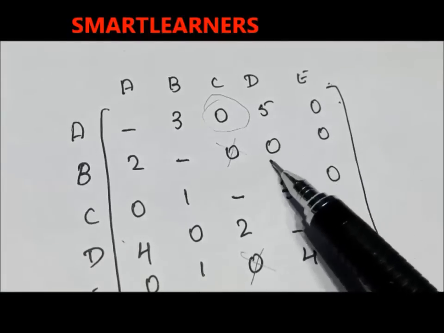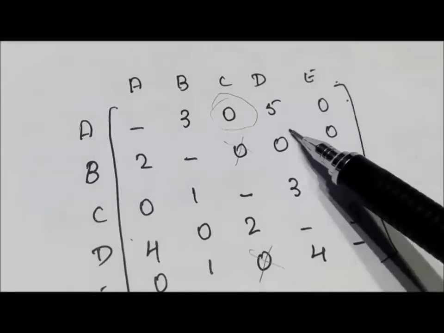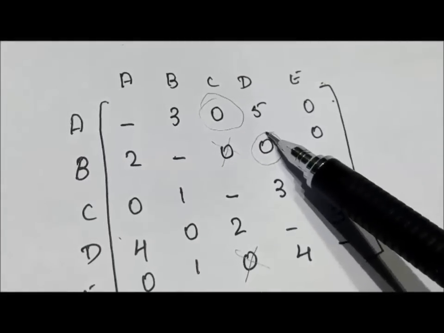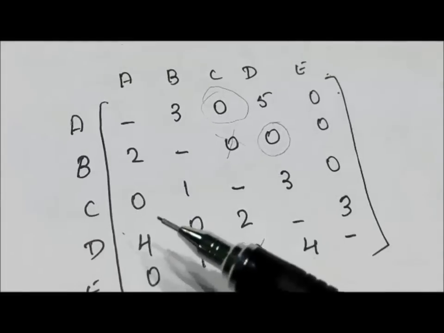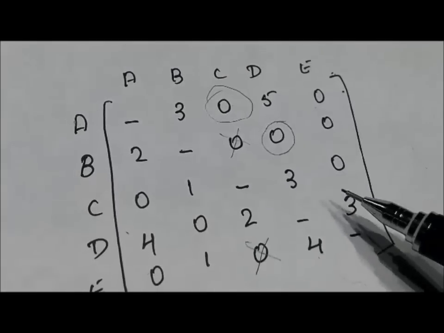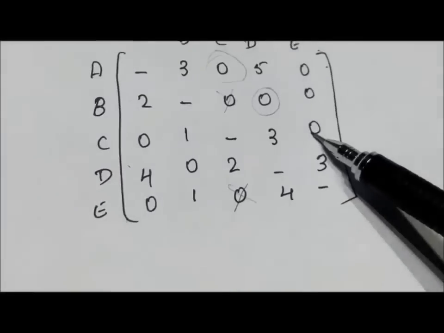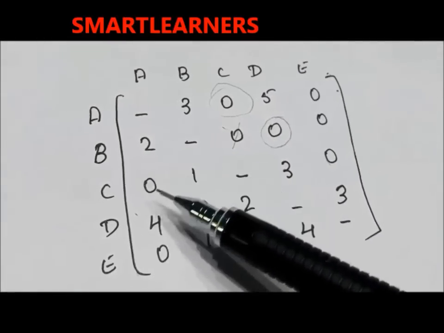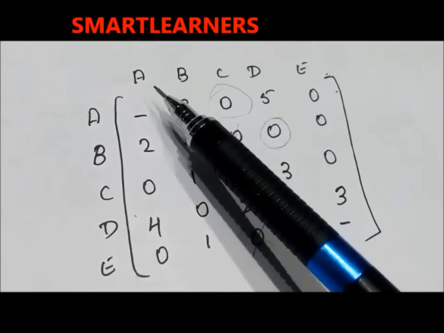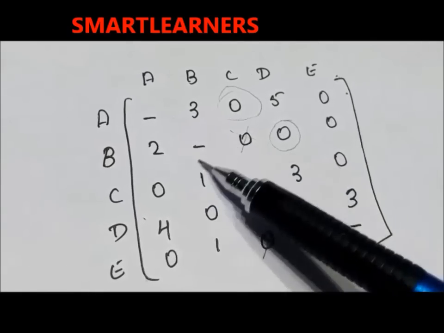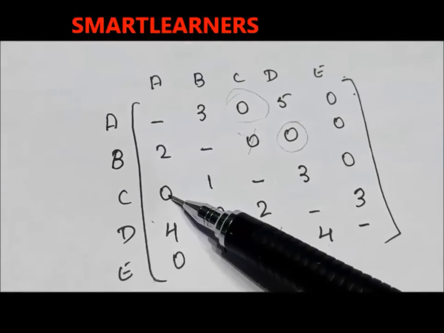In row B, there are only two options left for me. So I'm choosing this particular zero here. No more zeros are there in that particular column, so no problem. Coming to C, we have two options, that is A and E. If I choose A, automatically I'm going to tend C to A, without visiting any other cities, and this is not possible as per the given question.